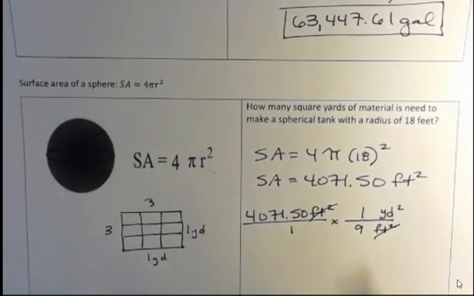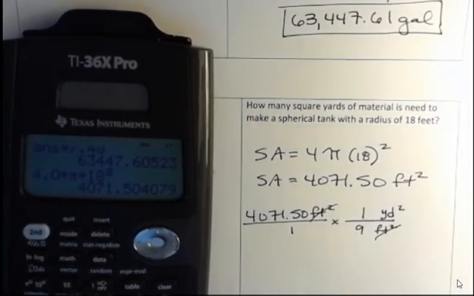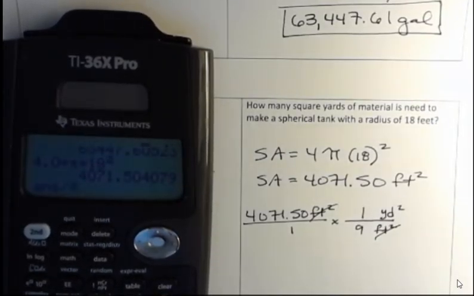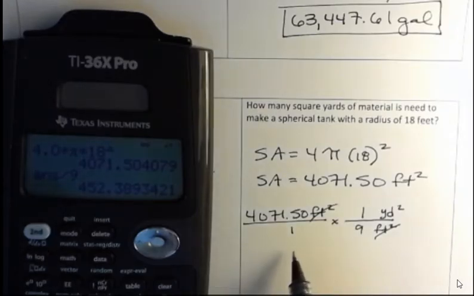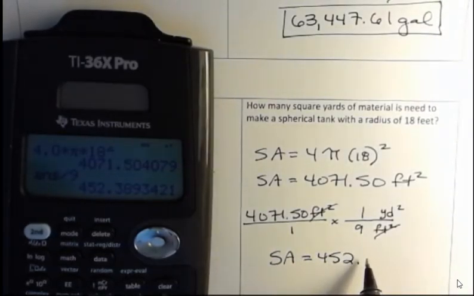Okay, so square feet go away. And in this case, I'm taking that answer, 4,071, and I'm dividing it by 9 because I'm actually getting fewer square yards than I would have in square feet. And so my surface area is 452.39 square yards.